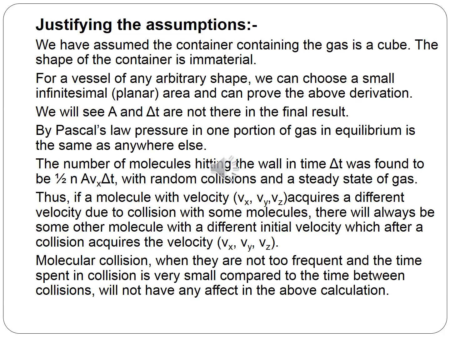Thus, if a molecule with velocity vx, vy and vz acquires a different velocity due to collision with some molecules, there will always be some other molecule with a different initial velocity, which after a collision acquires the same velocity vx, vy, vz of the previous one.